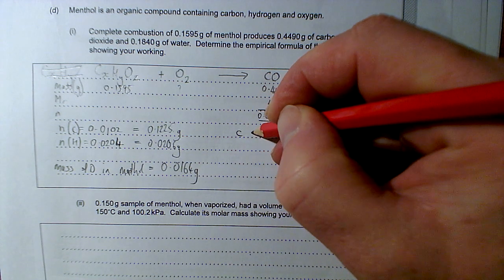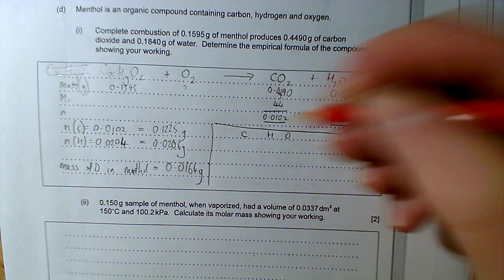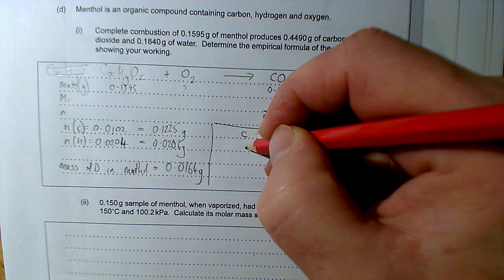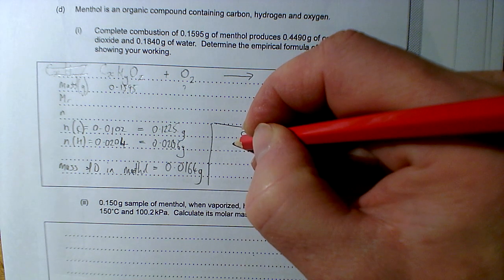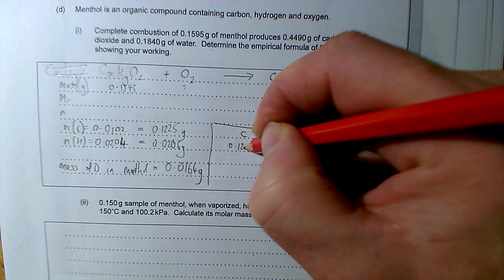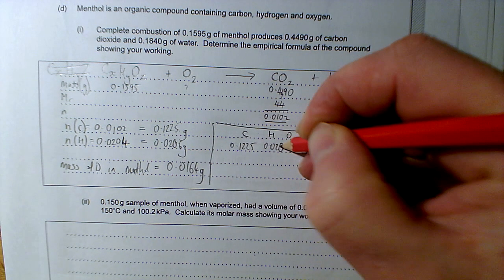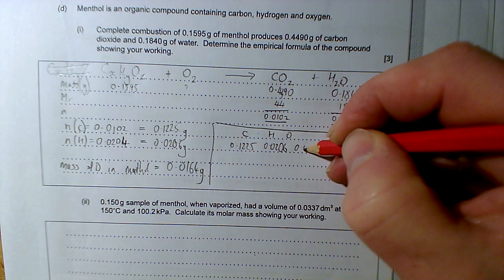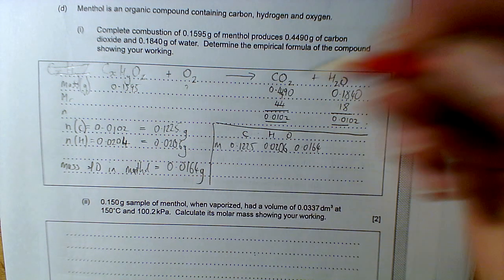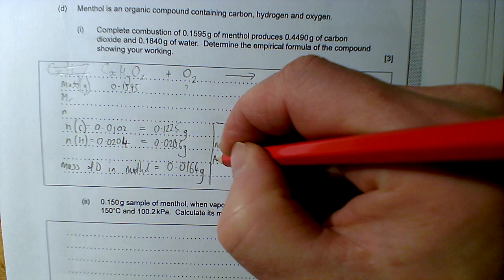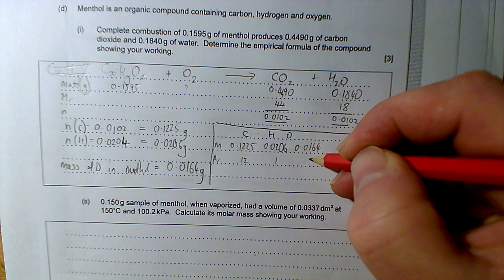Okay, so the approach to doing empirical formula is the same as it has been forever. So we've got the atoms involved, carbon, hydrogen, and oxygen. Not much room to do this question in this little space, but you do get access to scrap paper, I think. So you can just plug the moles straight in if you want to, but we can go through the whole process, I suppose. So 0.1225 grams, 0.0206 grams for hydrogen, 0.0164 grams of oxygen. The Ar for each of those elements is 12, 1 and a bit, and 16.